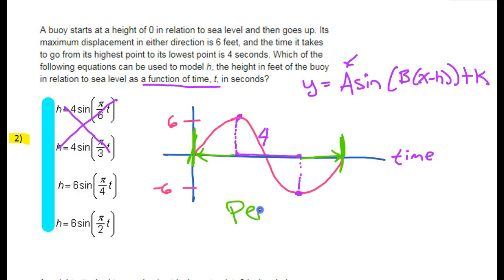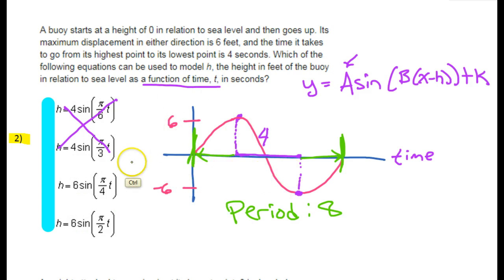But from this high to the low, that's exactly half of the period, half of the function. So if this is 4, that means the full period must be 8.